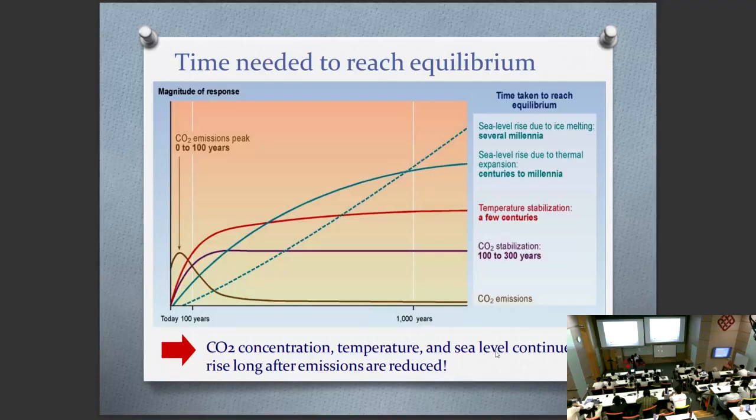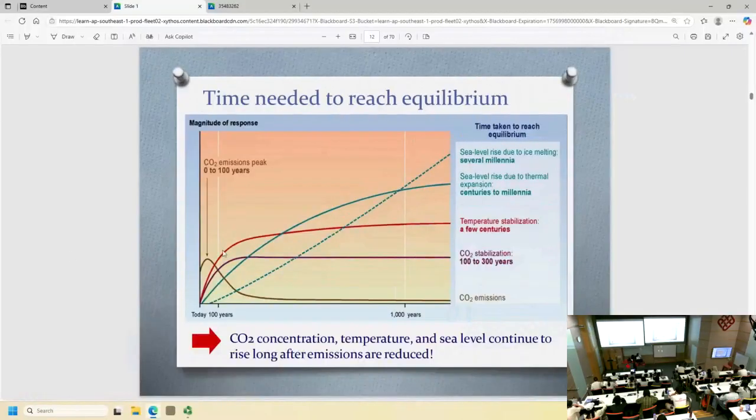So even if we stop or peak the carbon dioxide emissions, and we start to reduce them, the temperature will still continue to increase and then stay at a high value for centuries.